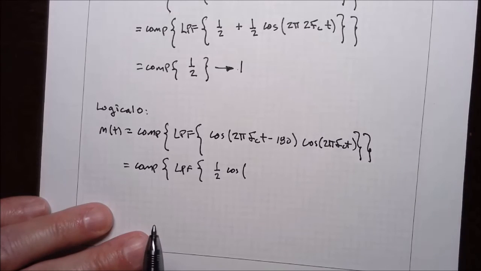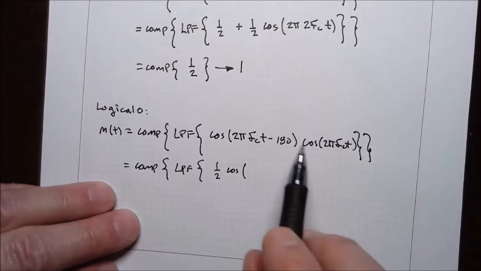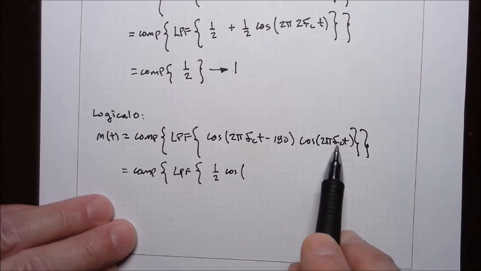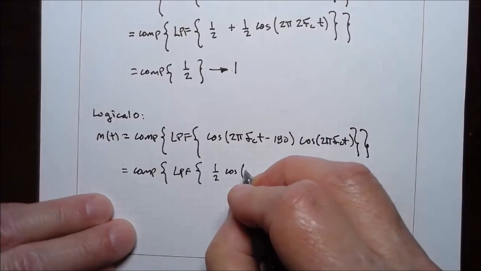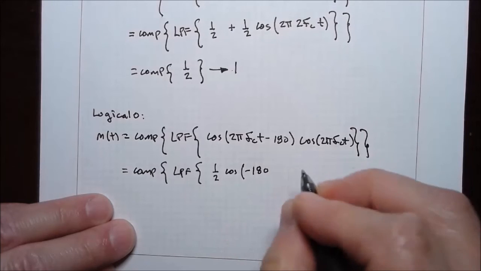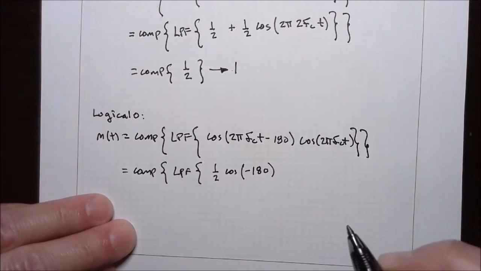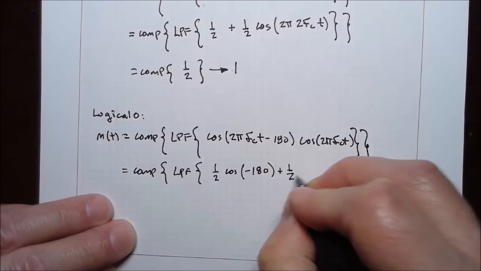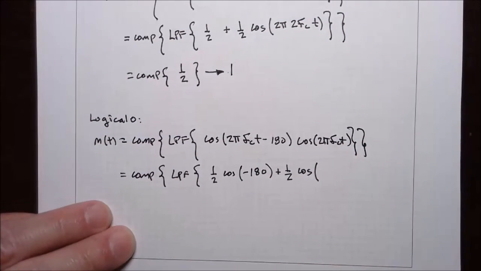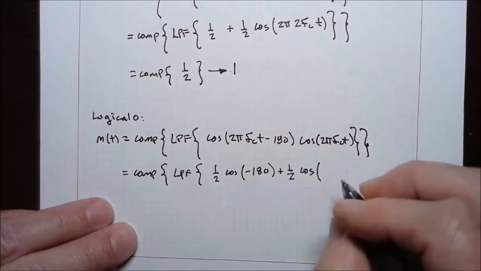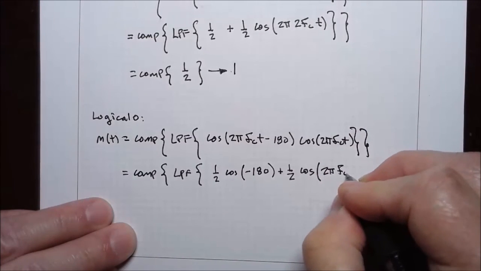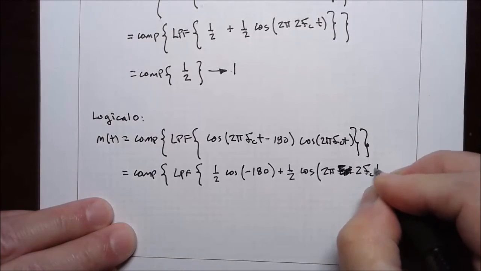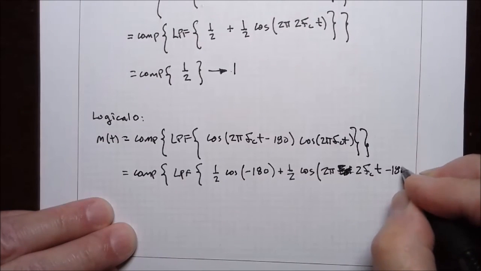The difference is 2 pi fct minus 180 minus 2 pi fct, which just gives us cosine of minus 180, plus 1/2 the cosine of the sum of the angles, which is 2 times 2 pi fct minus 180 degrees.